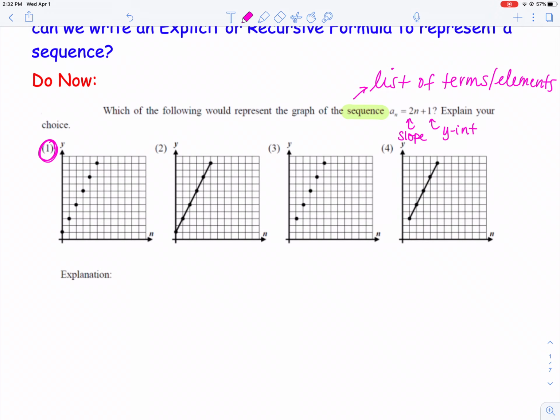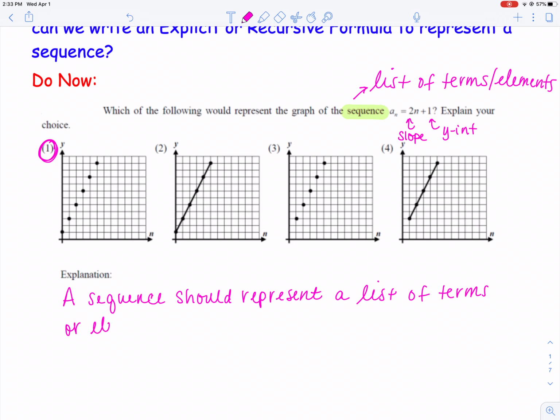And the reason is a sequence, okay, which is what we're talking about here. A sequence should represent a list of terms or elements.